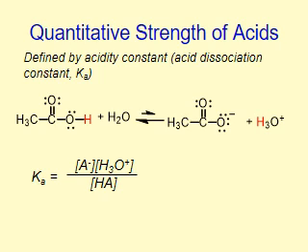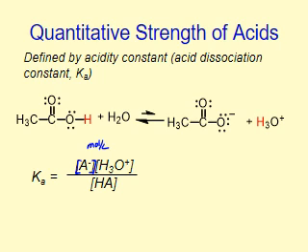And recall, of course, that these brackets that you see here are referring to concentration in moles per liter, or molarity. Water is not included in the Ka because it is assumed that the concentration of a pure liquid or solid does not impact the equilibrium constant.